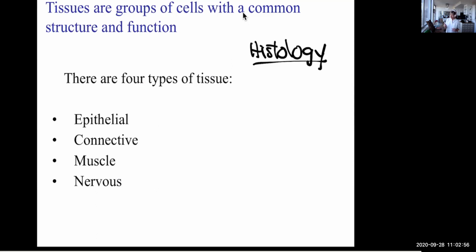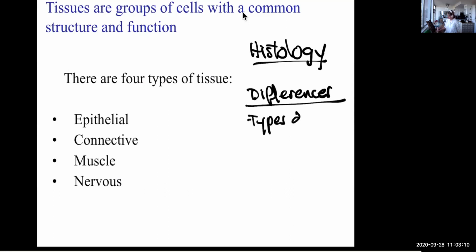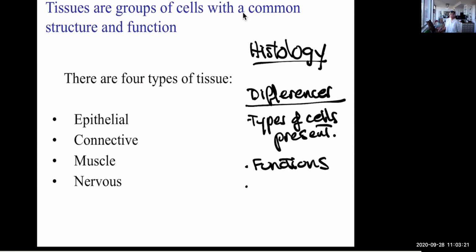The main differences between these primary classes of tissue are the types of cells, the functions of those cells, the matrix. The matrix is something excreted by the cells.